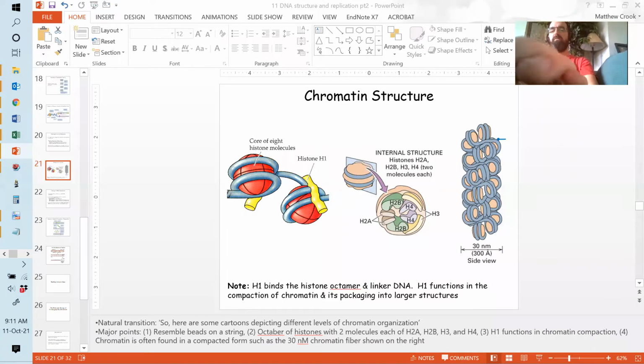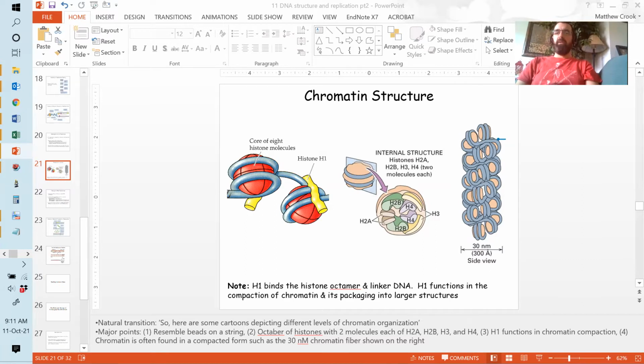Plus around 147 base pairs of DNA, plus linker DNA, which is the bit in between, which allows these things to move around and wrap around each other, plus histone H1 equals a nucleosome. And that is around 200 base pairs of DNA, give or take.